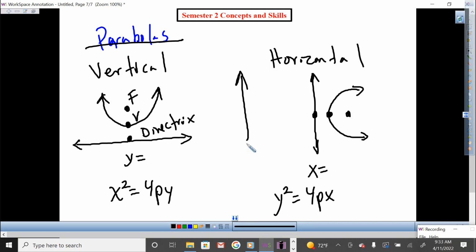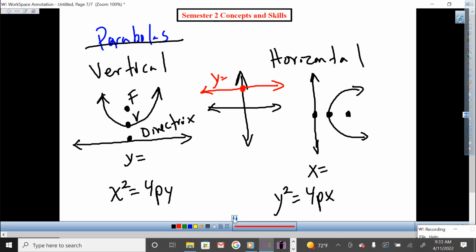If I have a coordinate plane like so, and I want to sketch a line that looks like this, let's say it goes through here, what value am I looking at for this axis? The y-axis. That's why this value is going to be a y value. You see what I'm saying? Whereas this one, if it goes straight up and down, it's going to go through an x value. Okay? We good? All right.